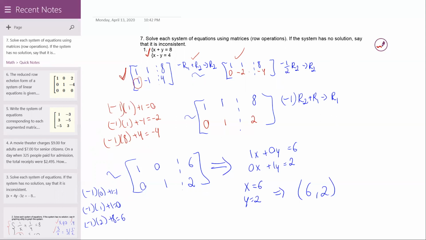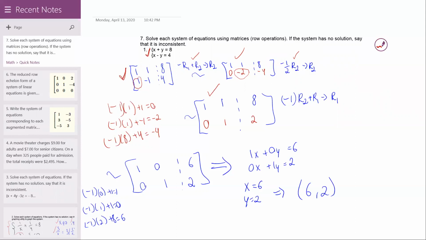So now we want this number to be 1. So you can't divide numbers in matrices, but you can multiply by a constant. So we can have -1/2 times R2 replace R2, which means we end up with this, which is the first row stays the same, second row turns into 0, 1, 2.